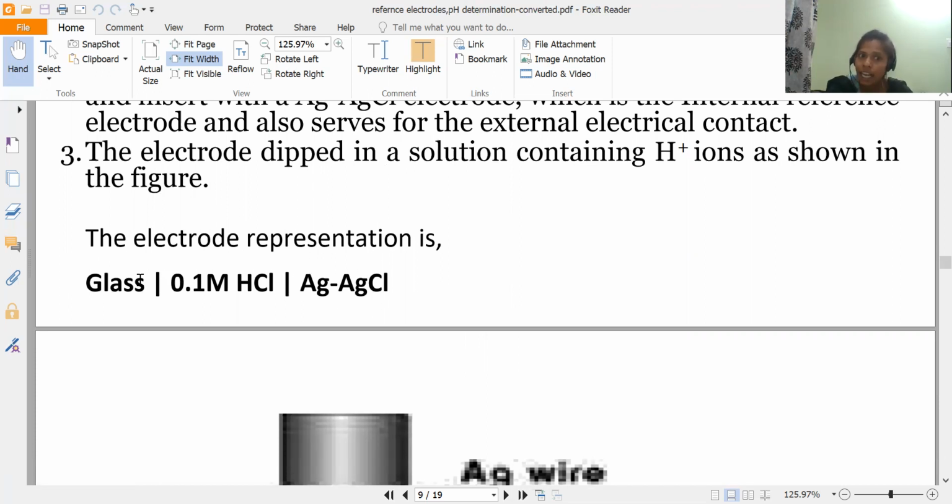Sorry, this is for the cathode, because first we have written the electrolyte, then the electrode. If we are writing for the cathode, first electrolyte, then electrode. That we have seen in the previous class, how to write the cell notation. If it is an anode, first electrode, then electrolyte. If it is a cathode, first electrolyte, then electrode. This is the cell notation for the cathode.